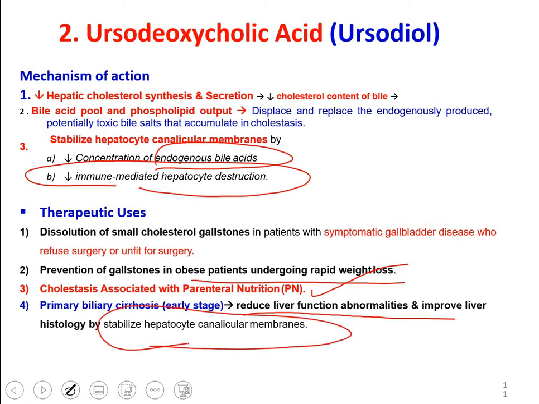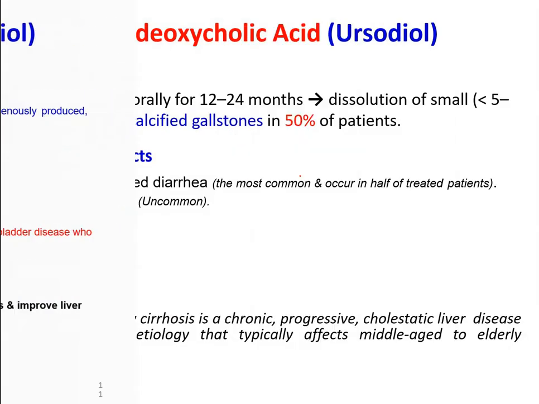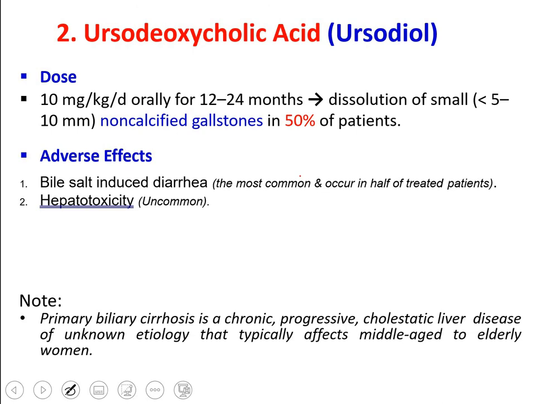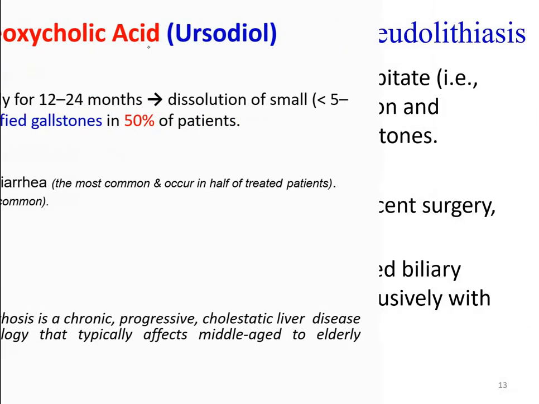Thus this class of drugs, these bile acids, are very good. These are the doses, and the adverse effect is hepatotoxicity as a class for the cholic acids, but relatively ursodeoxycholic acid is safe.